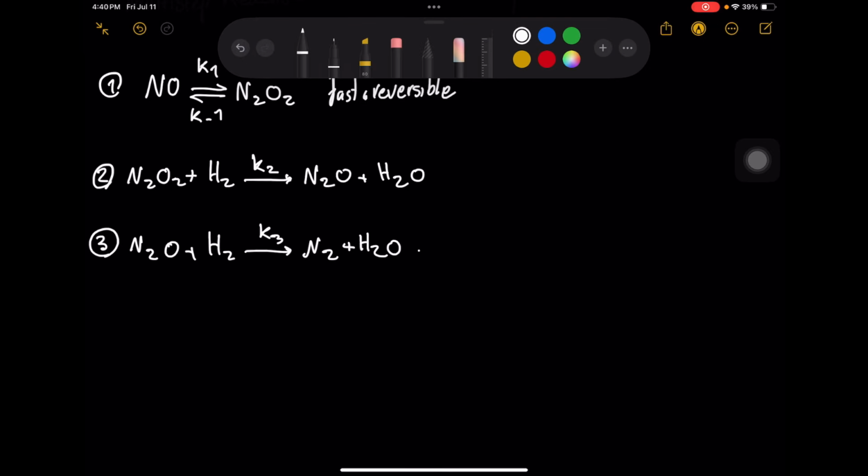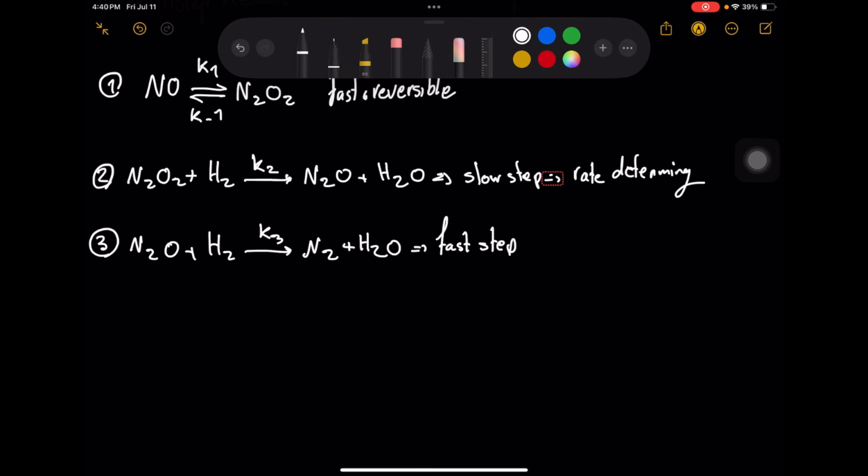So here, this one is our fast step. This one is our slow step. We said the slow step is rate determining.